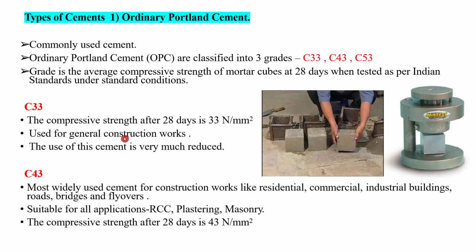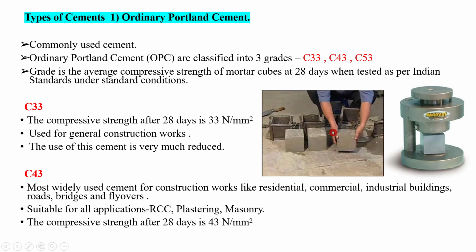We will see the various types of cement. We have already seen the properties of ordinary Portland cement. It is the commonly used cement, and ordinary Portland cement is classified into mainly three types: C33, C43, C53, based on the cube strength. The grade is the average compressive strength of mortar cubes at 28 days when tested as per the Indian standards. For C33, the compressive strength after 28 days is 33 Newton per mm square.